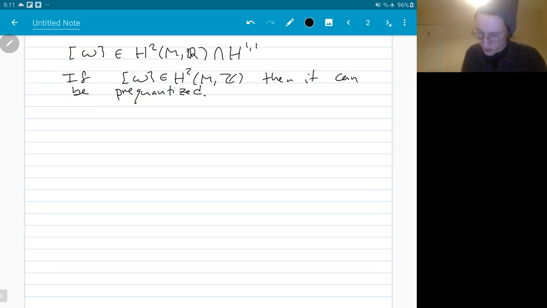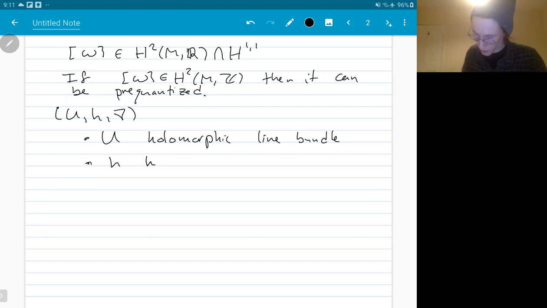So what this means is that there exists a pre-quantization (U, H, nabla), where U is a holomorphic line bundle on M, H is a Hermitian metric, and nabla is the Chern connection.